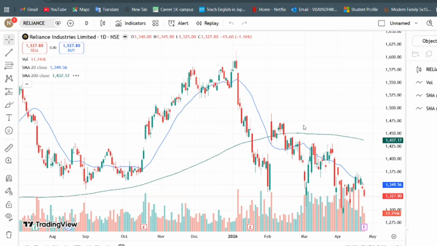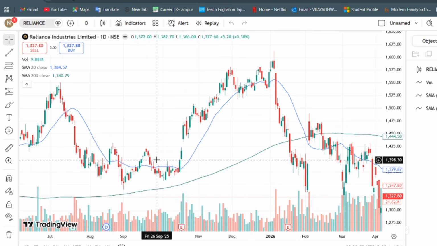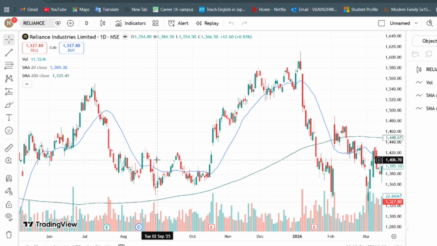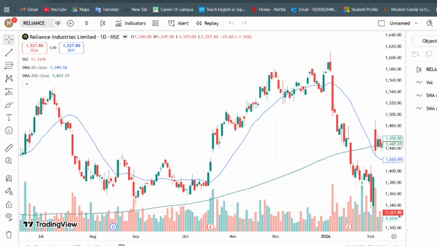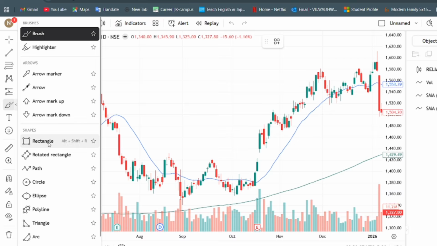Now the chart has opened. I will show you first the hammer pattern, where it actually is. You can see here, I will show you this hammer pattern.